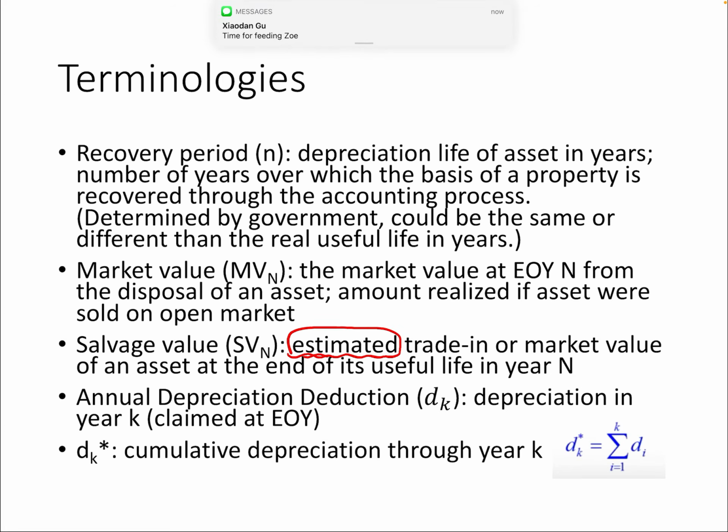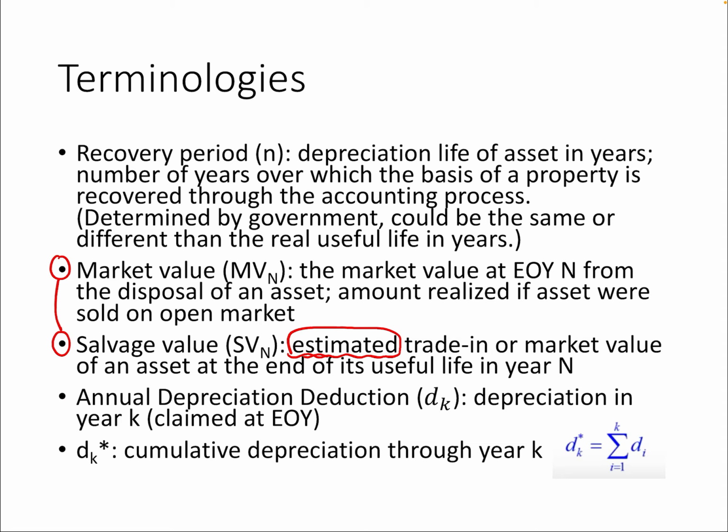It's not the real price on an open market. It's just the estimated trading or market value of an asset at the end of its useful life in year end. Okay, so these two are a little bit different. The market value is the real price that you get when you sell your property on the open market, but the salvage value is just the estimation.